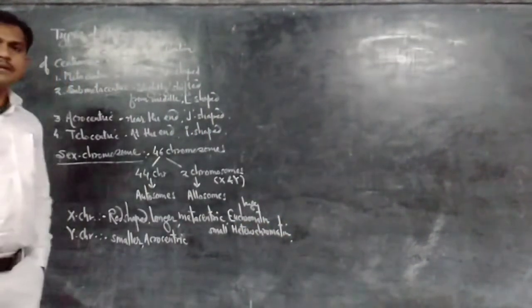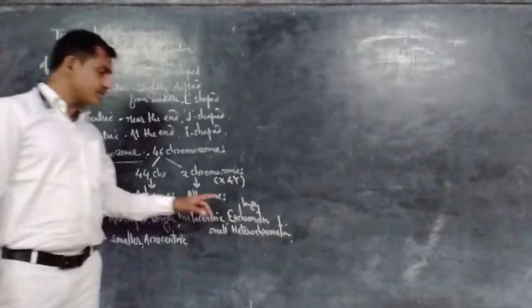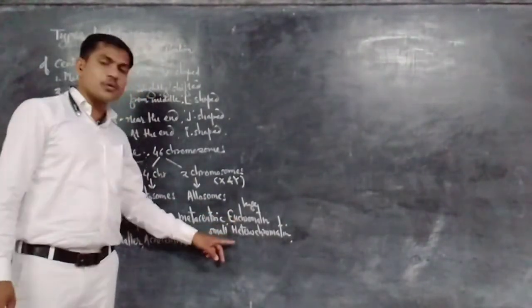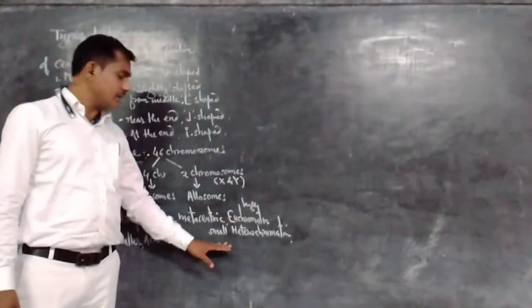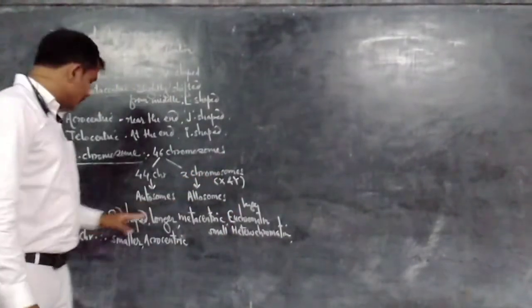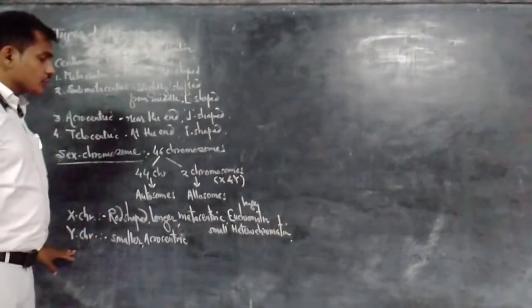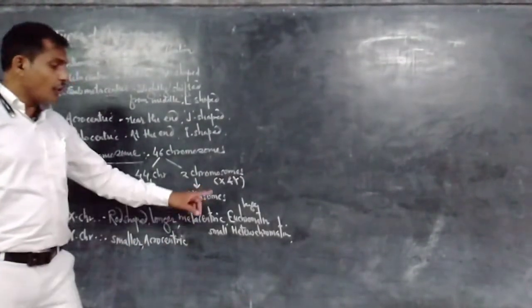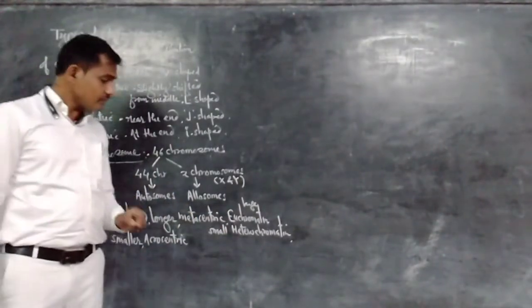Euchromatin is an extended region, while heterochromatin is a condensed region. So a small condensed region and a large extended region are present on the X chromosome, while opposite on the Y chromosome, where a small euchromatic region and a large heterochromatic region are present.